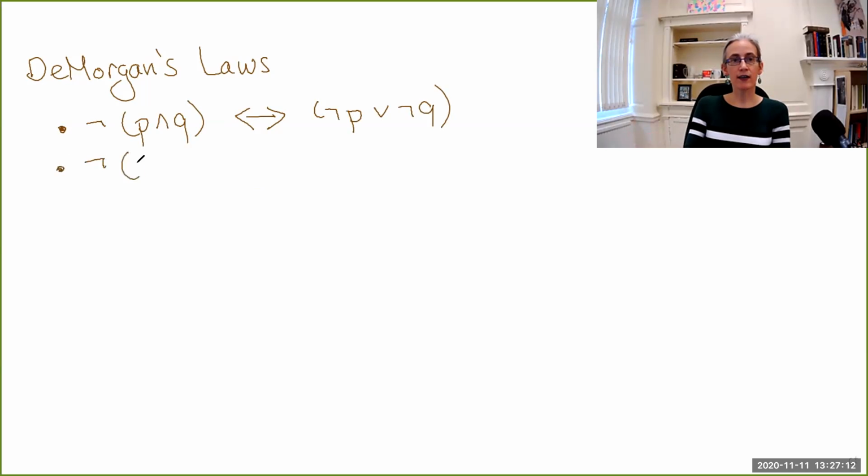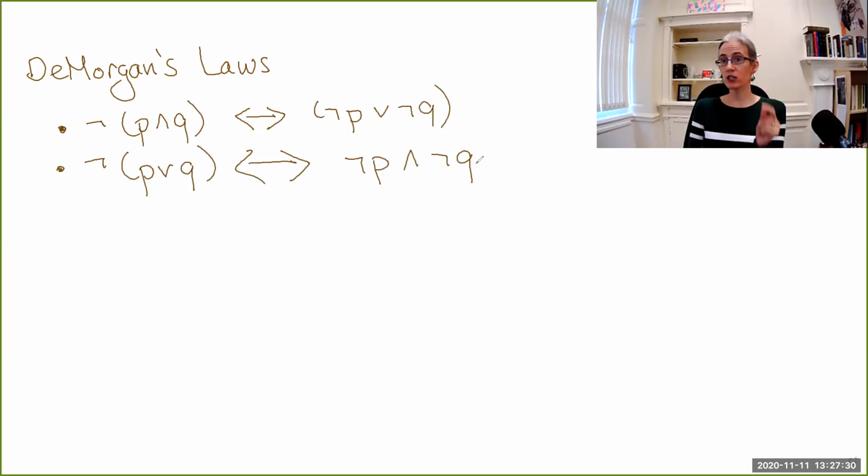And on the other side, if it's not the case that P or Q is true, then this is because not P is true and not Q is true. So De Morgan's laws are very useful when you are trying to convert to conjunctive normal form or disjunctive normal form, because they allow you to convert from negated conjunctions and disjunctions into disjunctions and conjunctions of negations.